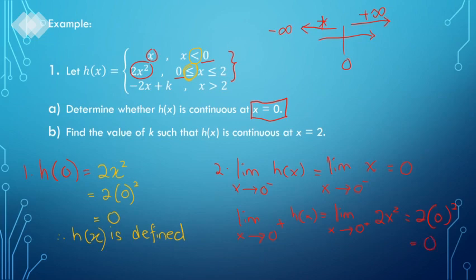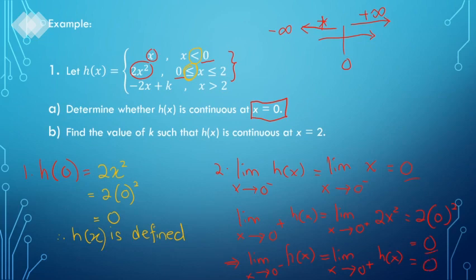So 0, and then you check limit as x approaches 0 from the left of h(x) is equal to limit as x approaches 0 from the right of h(x), which equals 0.